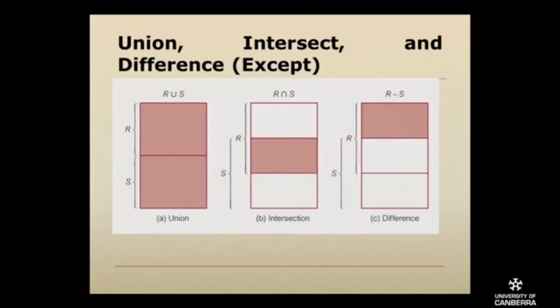Let's go back. Intersection of table R and S. Imagine table R is the top section. The S table is the section below. So when you do union, it just joins them together. When you do intersection, which is the next one, it just gives you the parts that are common in both.